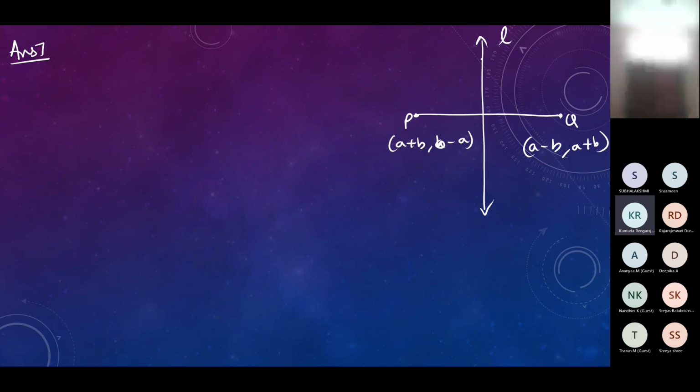So L is the perpendicular bisector. We'll take a point A here, given by x comma y.